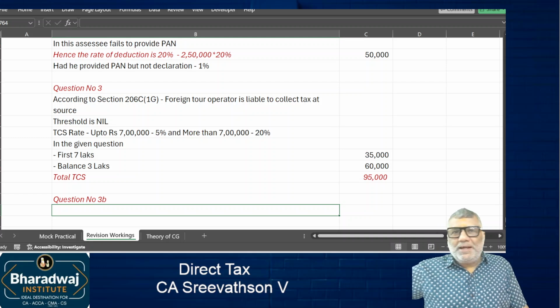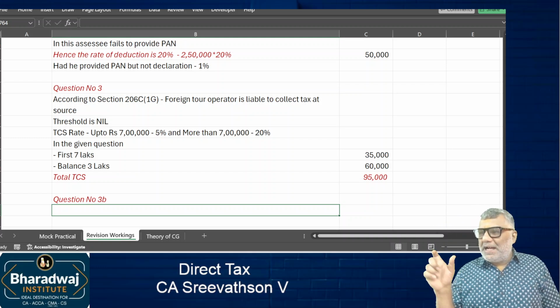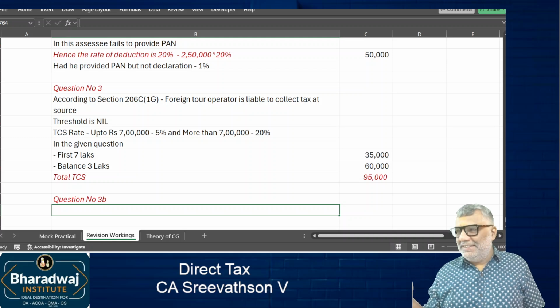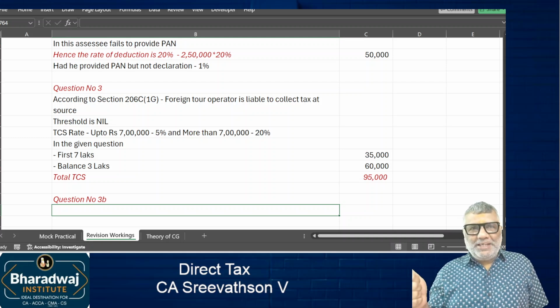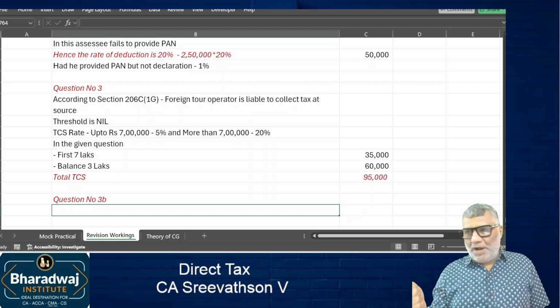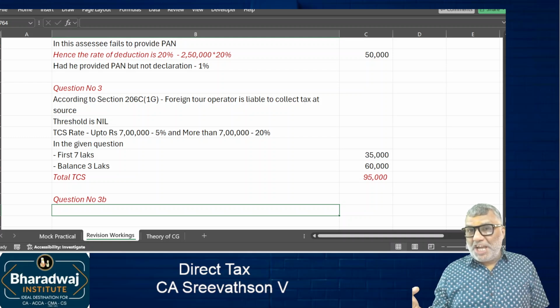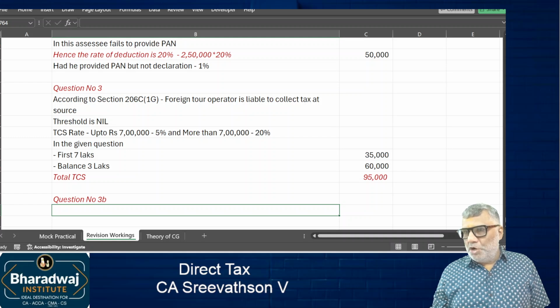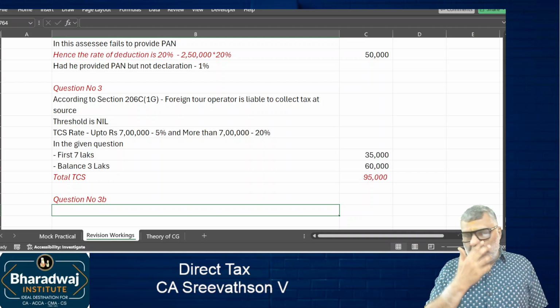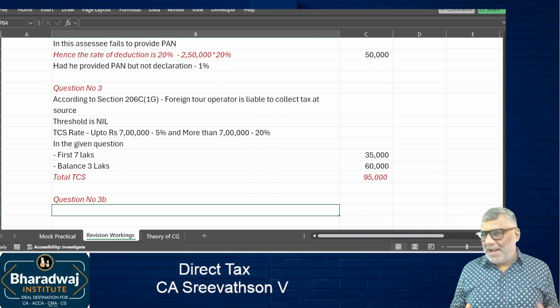How do we remember it? We remember it by an acronym, HIJAC: 194H commission and brokerage, 194I rent, 194J professionals, 194A interest, 194C contract.